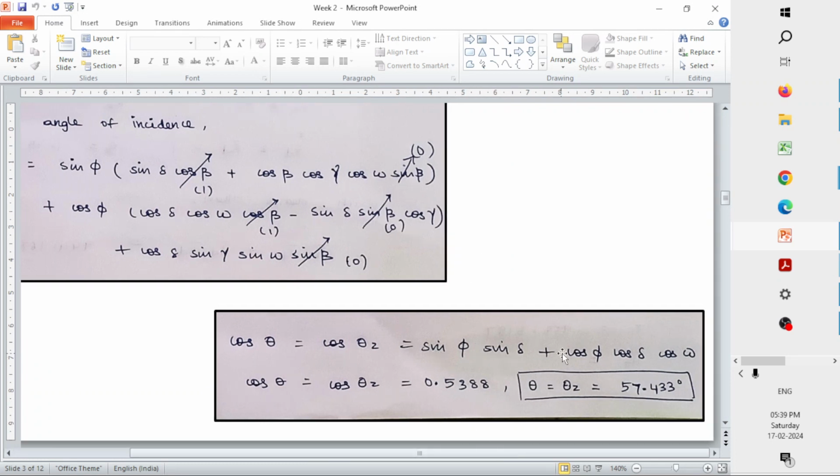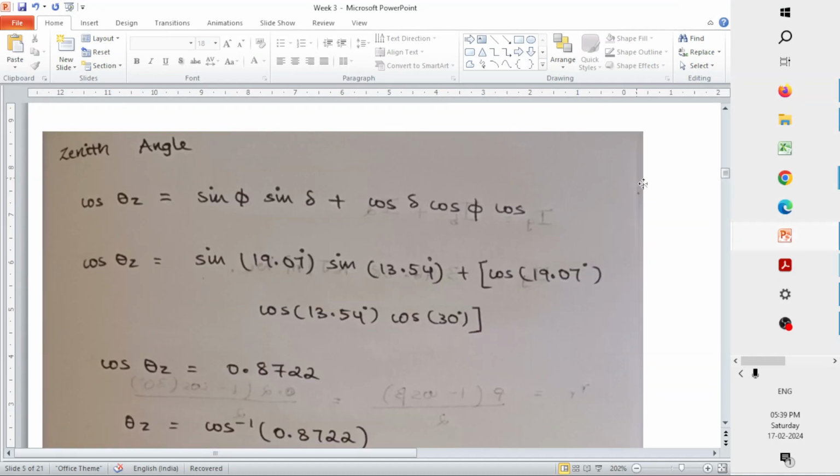So that is what is here also. Here the omega is missing, but omega is minus 30. Since cos of minus 30 is the same as cos of plus 30, I have not written it, but again there is no difference, both are the same.